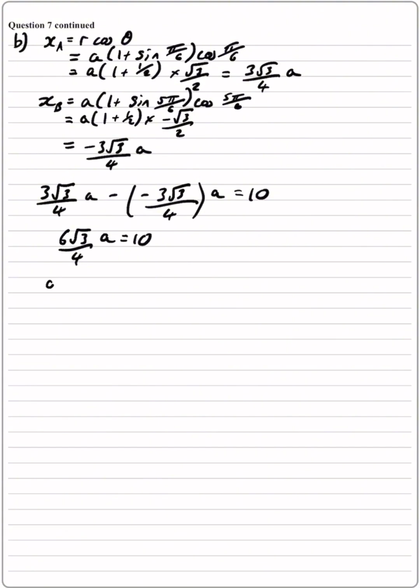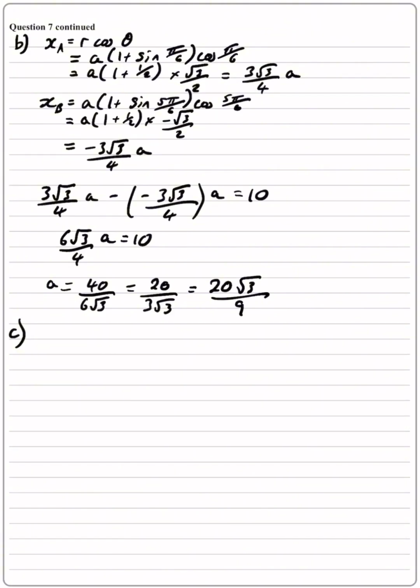Times both sides by 4. Divide both sides by 6 root 3. a is equal to 40 over 6 root 3. I've cancelled the 2, 20 over 3 root 3, rationalise the denominator, 20 root 3 over 9 is the value of a, which is what the question wanted.